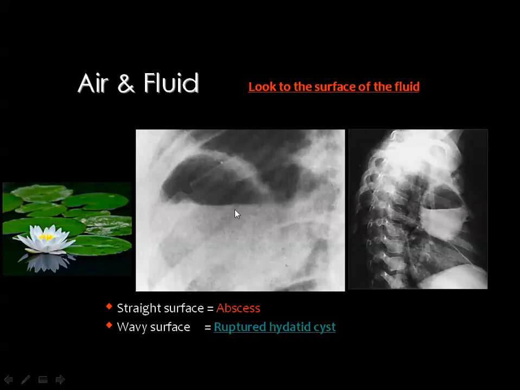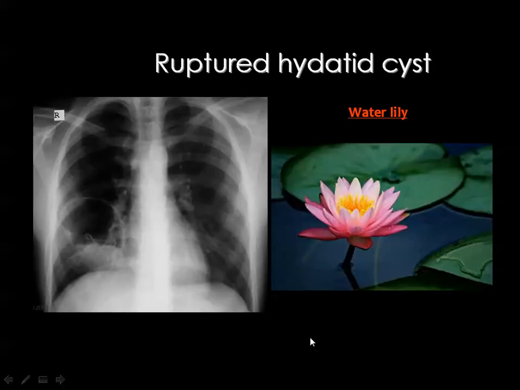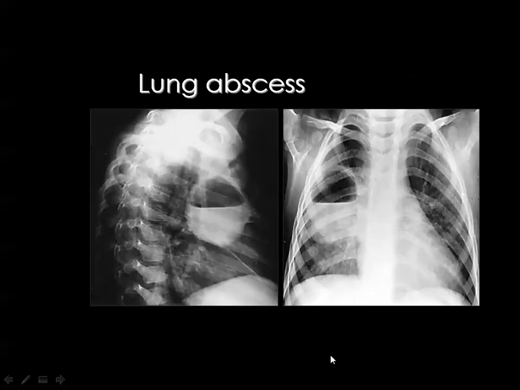But if the air fluid level is wavy or not straight like this one, what we call the water lily sign, this is a hydatid cyst which has ruptured, because the daughter cysts of the hydatid cyst will try to float on the surface of the fluid level, so the surface of the fluid level will not be straight. And this is the classic appearance of a ruptured hydatid cyst with the wavy air fluid level diagnostic of rupture.